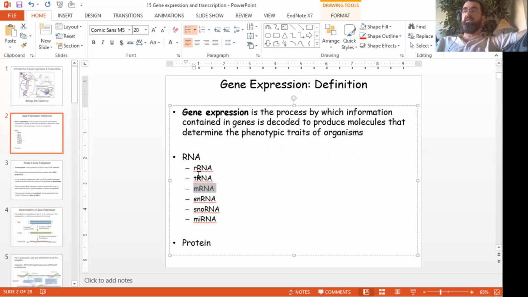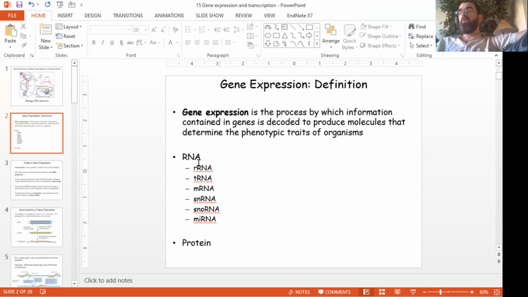Ribosomal RNA, which is an enzyme, a ribozyme, tRNA, transfer RNA, and a whole bunch of smaller RNAs, such as microRNAs, small interfering RNAs, piwi-interacting RNAs, snoRNAs, small nuclear RNAs, snRNPs, and which also do things. But they don't encode proteins. These actually act on their own.